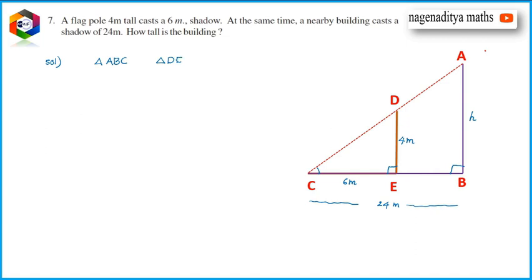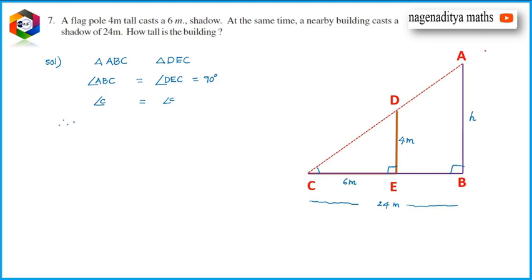In these two triangles, angle ABC is equal to angle DEC, because the angle is 90 degrees, and also angle C is equal to angle C, a reflexive angle. So in these two triangles the corresponding angles are equal.